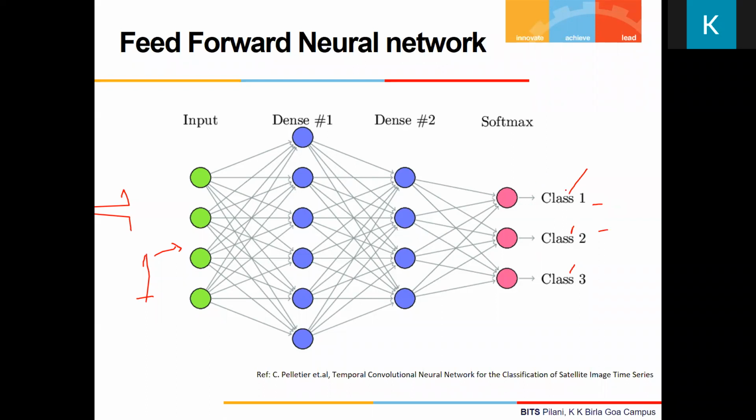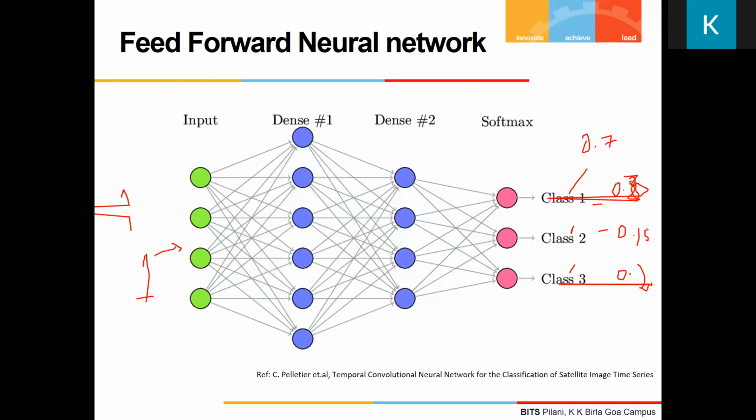Whichever output is highest, we will say the input is representing that number. So if this output is, let's say, 0.8, and these outputs are say 0.1, 0.2, things like that, I will say this is number 1. Now suppose instead of 0.8 here, in software it is 0.8, but in hardware it comes like 0.7 here and maybe 0.15 here.